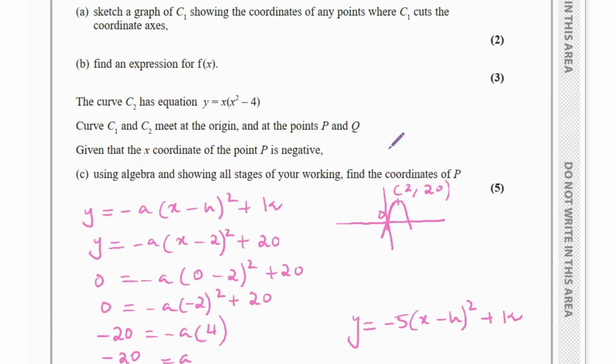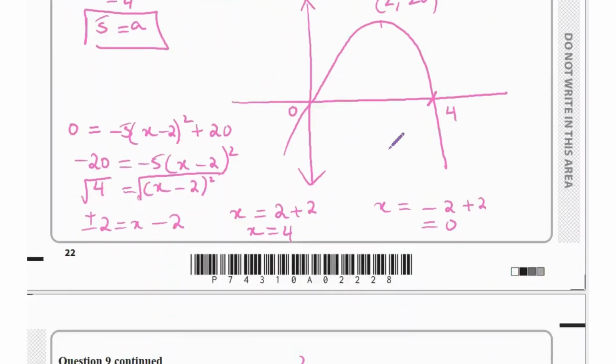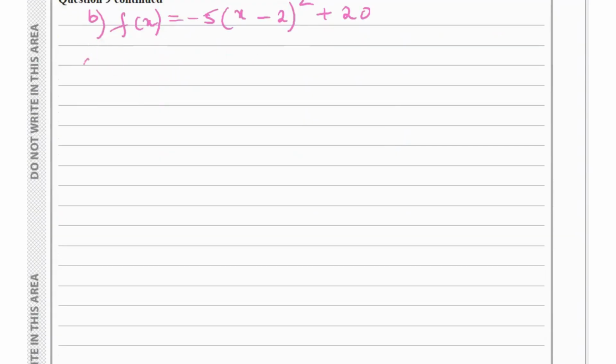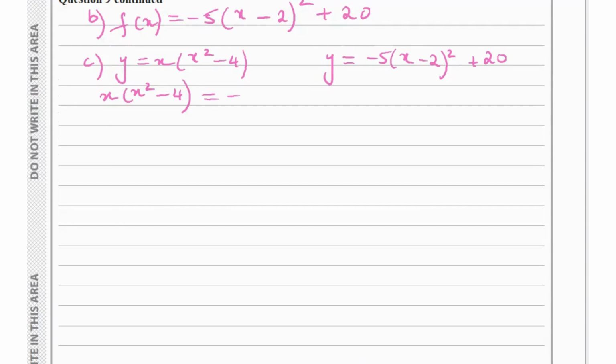So we put both the equations equal to each other and solve them to find P. So y equals x times (x squared minus 4), and y equals negative 5 times (x minus 2) whole squared plus 20. So x times (x squared minus 4) equals negative 5 times (x minus 2) whole squared plus 20.